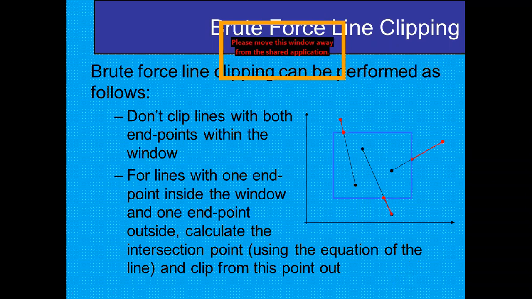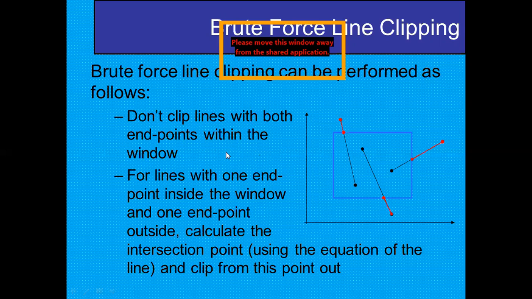Now the first case is called brute force line clipping. What is the brute force? Whenever the lines are touching or passing through the window edge, creating some intersection points. Now you can see here, don't clip lines with both endpoints within the window. If both endpoints are lying inside the window, then no need to clip.